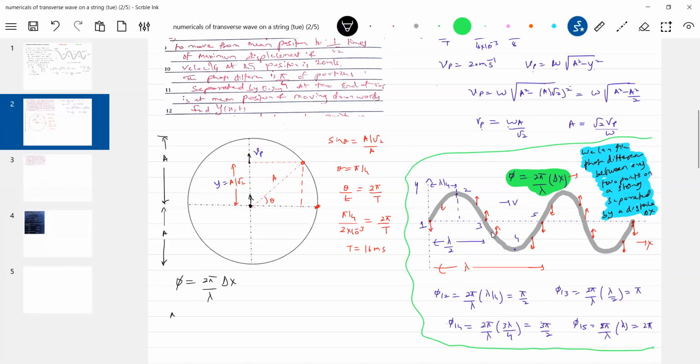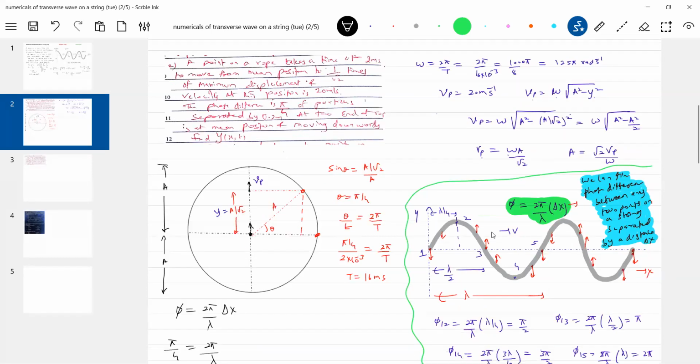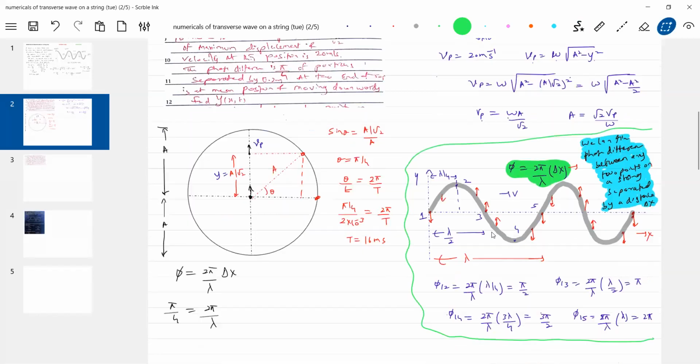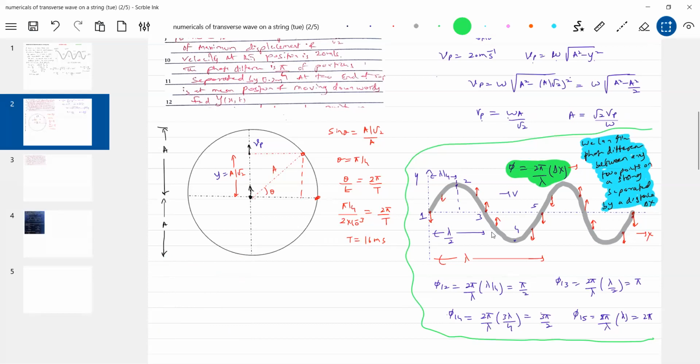Pi by 4, 2 pi by lambda. Do we know lambda? I think for that we should know k. How to bring k now? For that we need wave speed, no? Okay, I'll come to this. First, let me bring the wave speed. Okay, we know the time period. From the time period, we know omega.